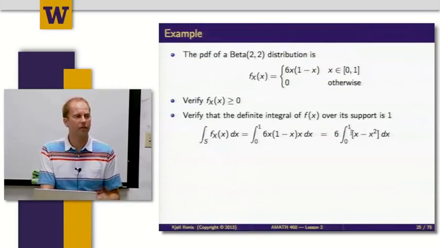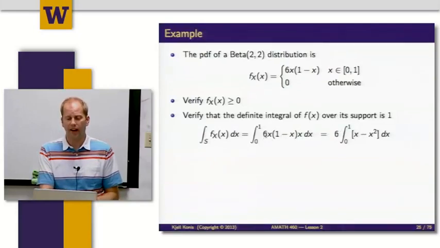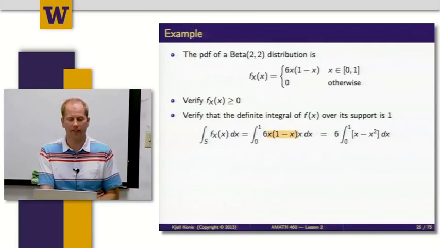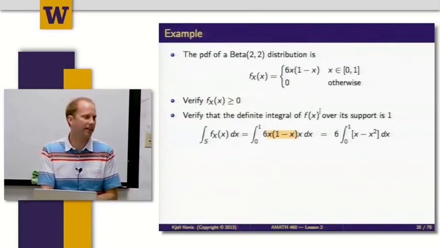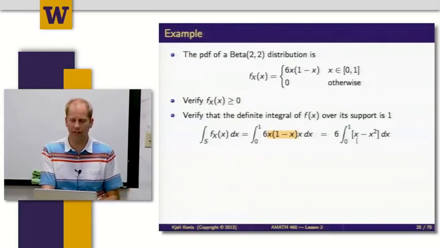And so using some of the properties I've listed in the first set of slides, I can think of x times 1 minus x as my f of x, and I'm just multiplying that by a constant. So I can take that constant outside of my integral sign. It'll make things a little bit simpler. And then I'm going to just go ahead and do the multiplication.